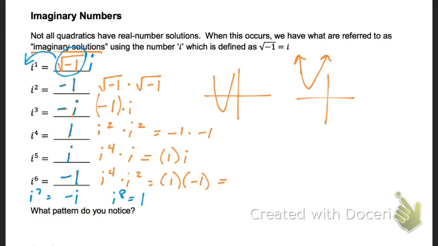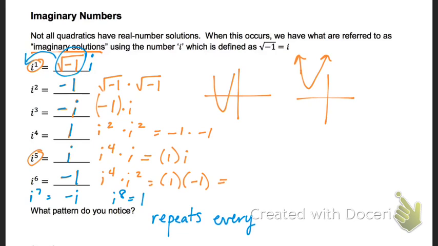So when does it repeat? Every what power? i to the first and i to the what are the same? i to the fifth.